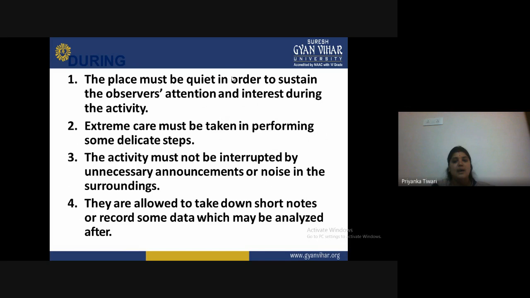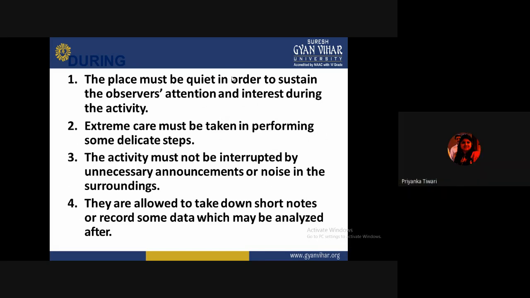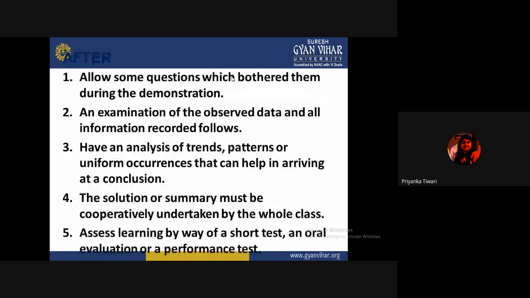They are allowed to take down short notes or record some data which may be analyzed afterwards. Allow some questions which bother them during the demonstration, followed by examination of the observed data and all information recorded.